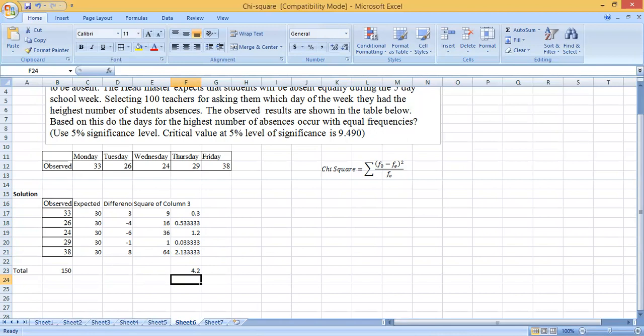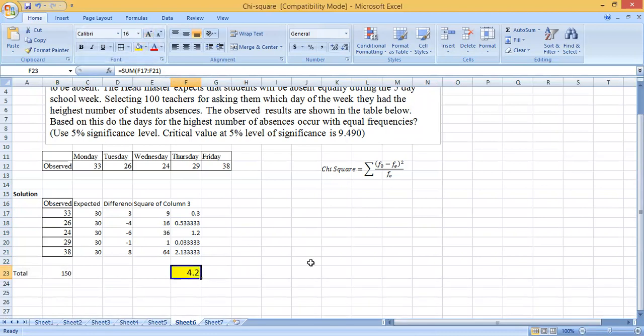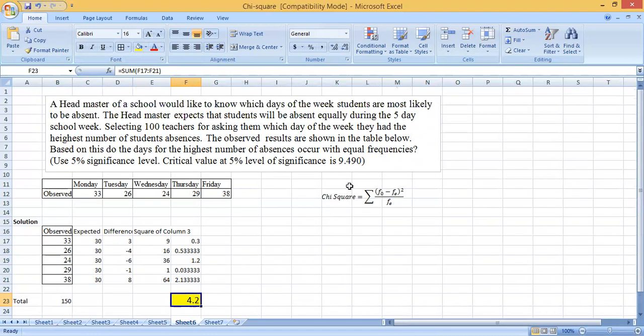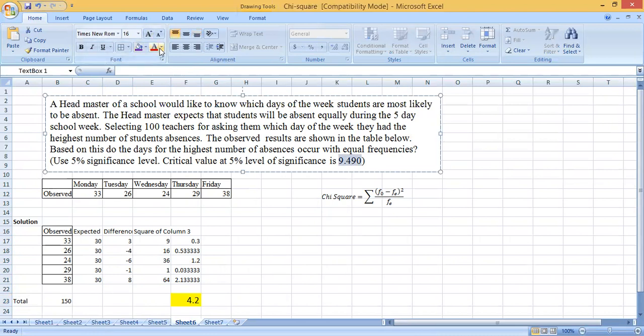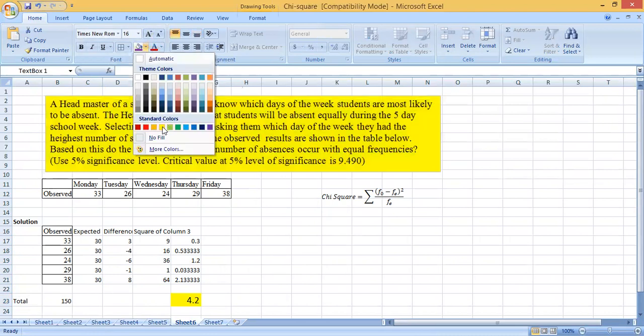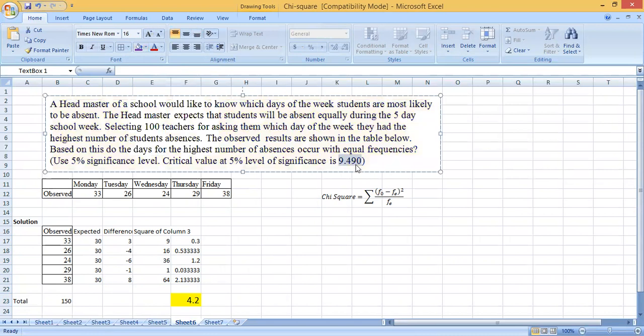So now look, this is the chi-square test statistic that is calculated, and this value is less than the critical value at 5% level, 9.490.